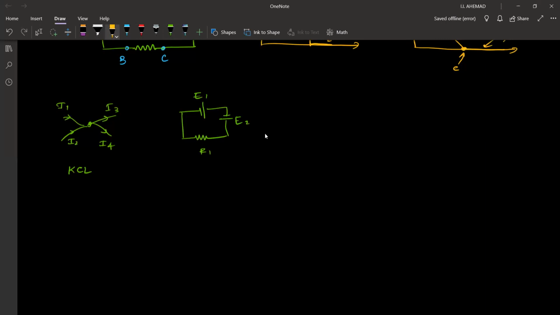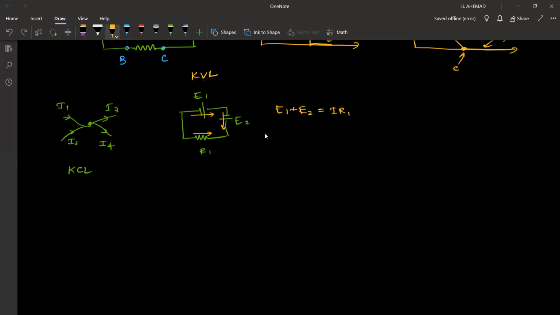The second law we call KVL, the Kirchhoff voltage law. It says the sum of potential increase is equal to the sum of potential drop. Here these two are potential increases, and we have a drop across the resistor.